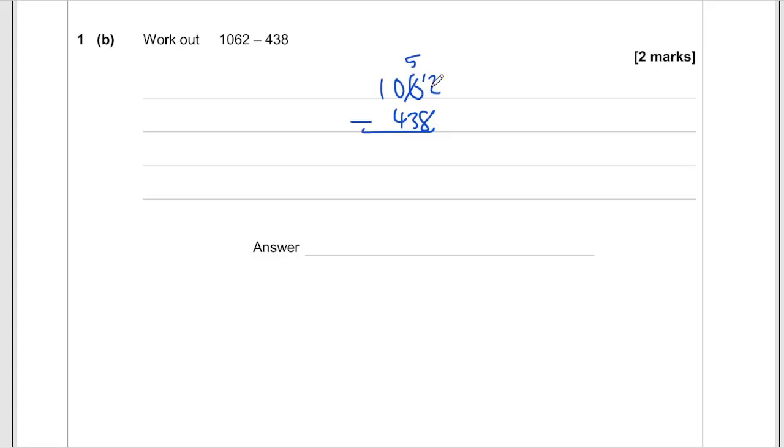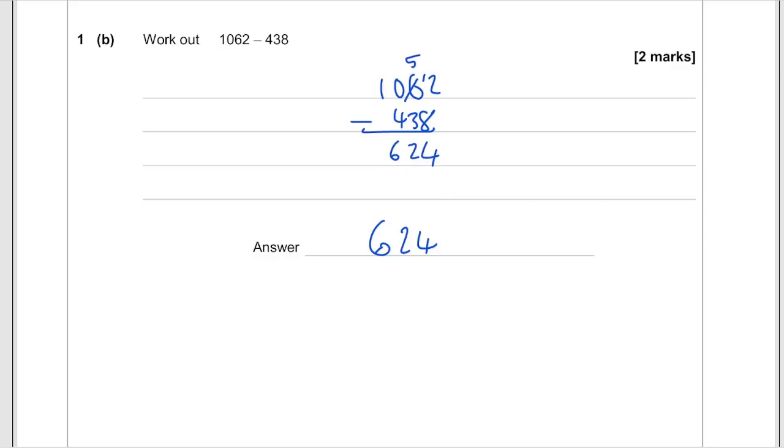So 8 away from 12 is going to give me 4. 3 away from 5 gives me 2. And then 4 away from 0, I can't do that. So 4 away from 10 gives me 6. So 624. If you just put 624, are you going to get the method mark? Don't give them a chance to actually take any marks off you for that one. So make sure you show all workings.